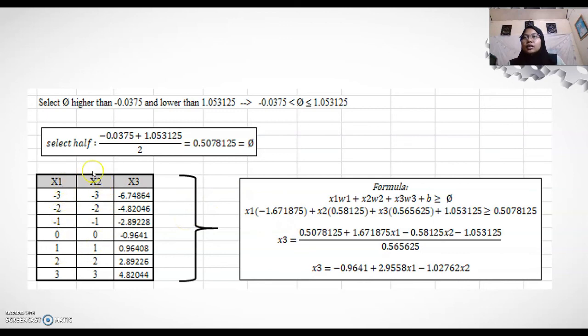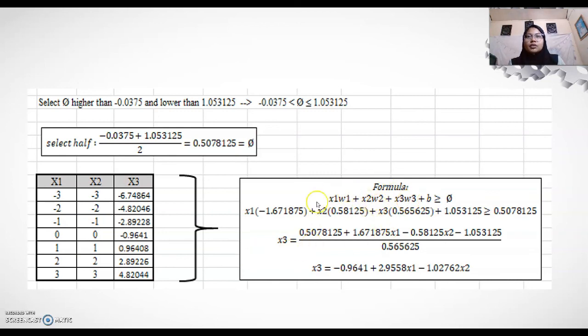Then we use this formula to plot the graph in Matlab: x1w1 plus x2w2 plus x3w3 plus b.